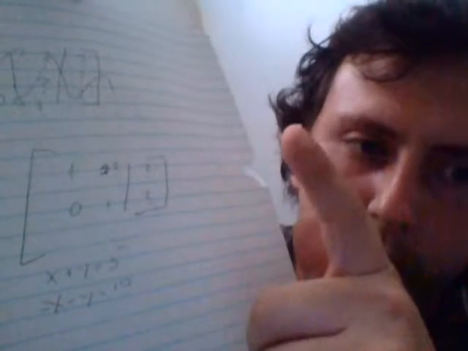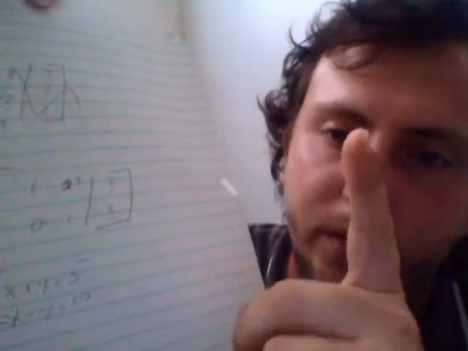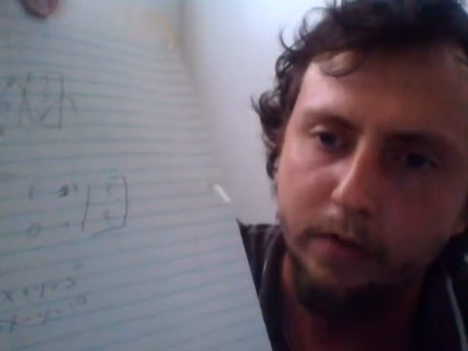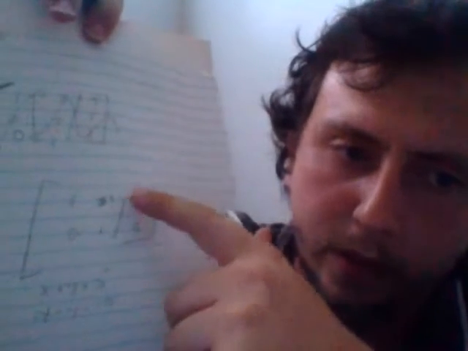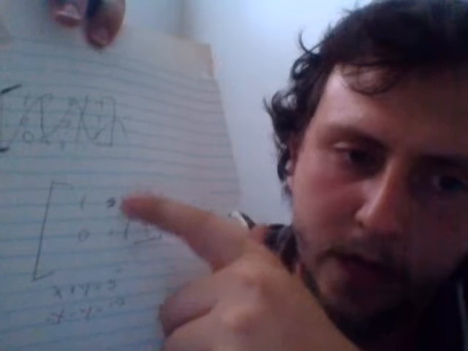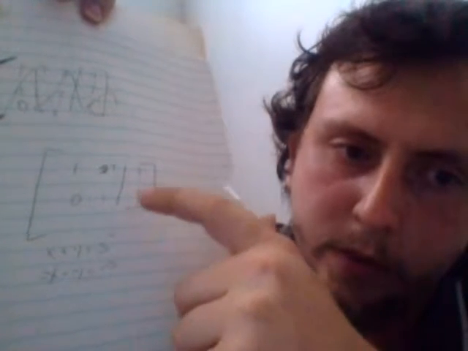The leading coefficient of the topmost row has to be further left than the leading coefficient of the second row, and the row after that, and the row after that. An example would be right here. This top row, its leftmost position has a value. Second row, the second leftmost has a value.